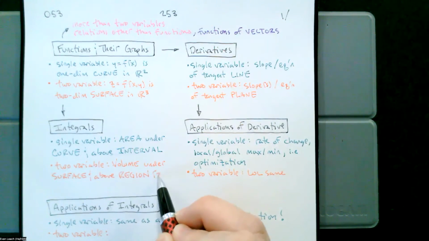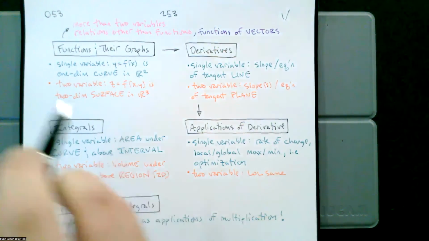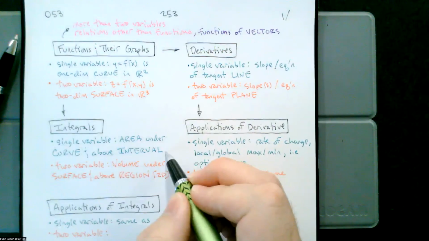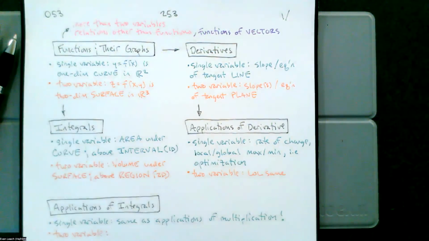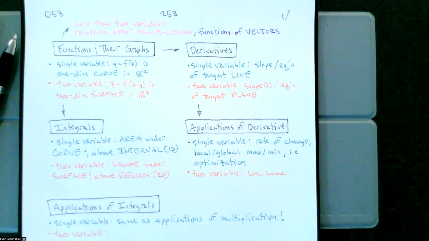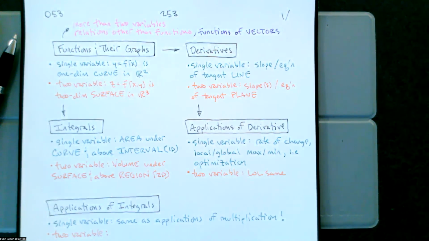The region is two-dimensional. Our interval is one-dimensional. The function of the region will be the same as that of the interval. Here are all the things that you plug in to the function. The interval is just saying, plug everything between A and B into the expression f of x dx.